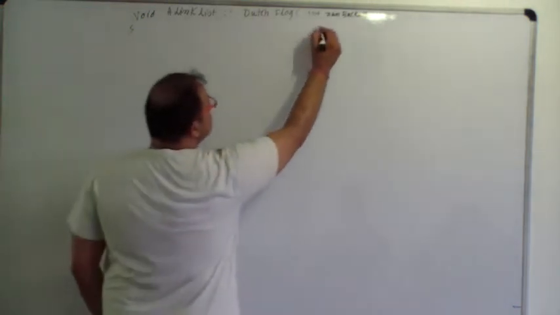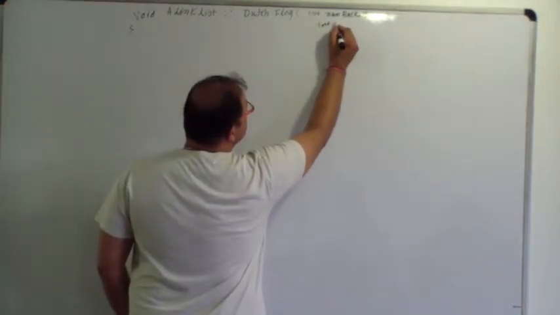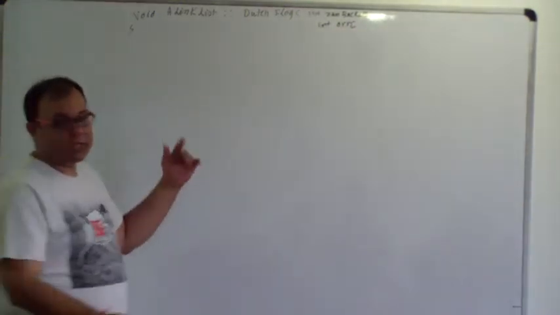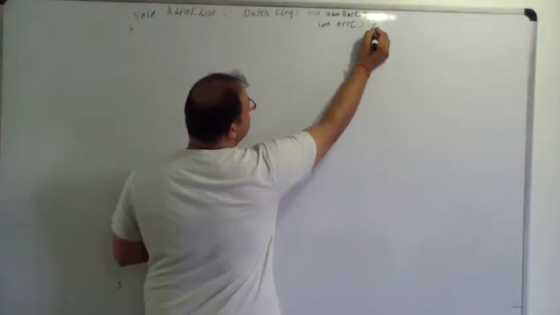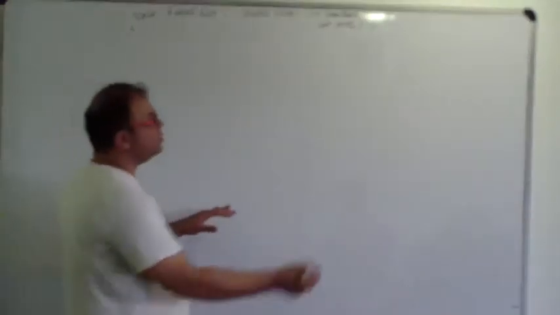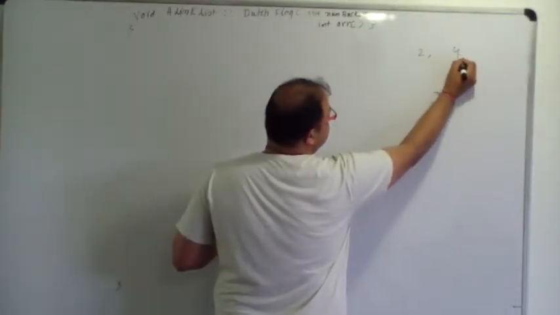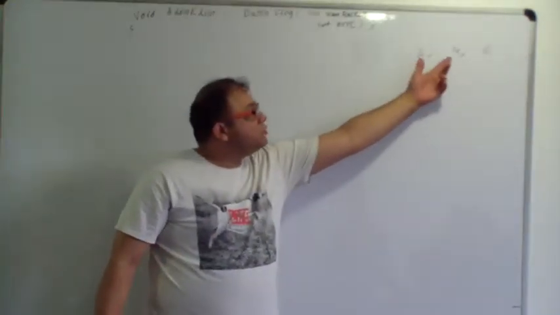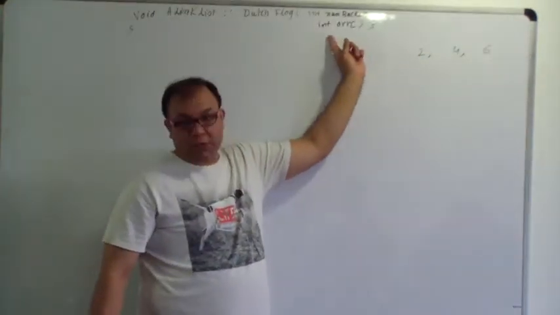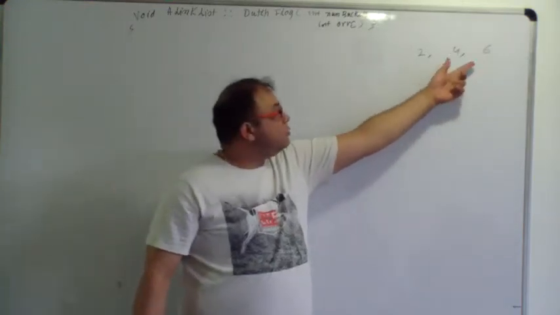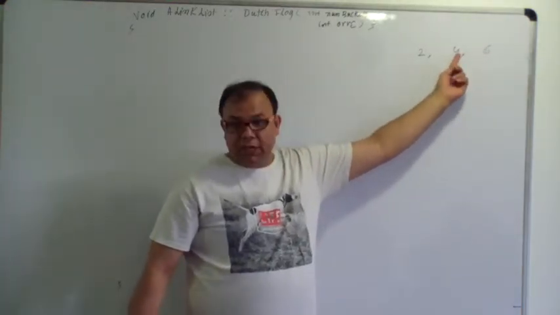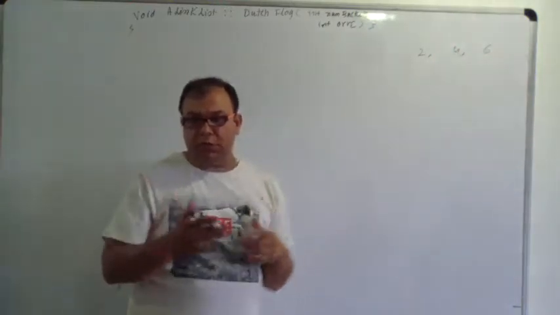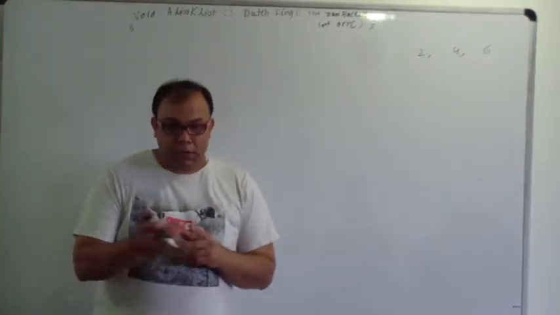So integer arr, which will take an array of integers, which will have the values, let's say 2, 4, 6, right? Anything between 2 and 4 will come in the first bucket. Anything between 4 and 6 will come in the second bucket. Anything after 6 will come in the third bucket.